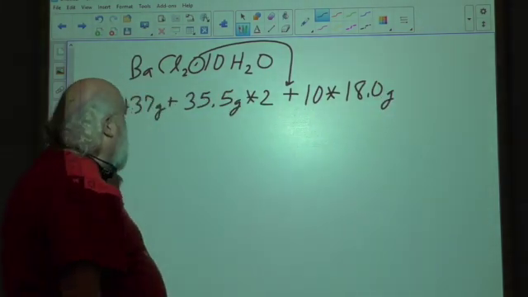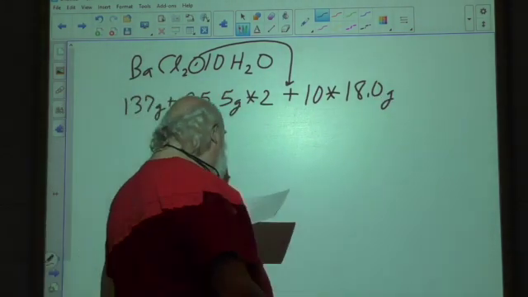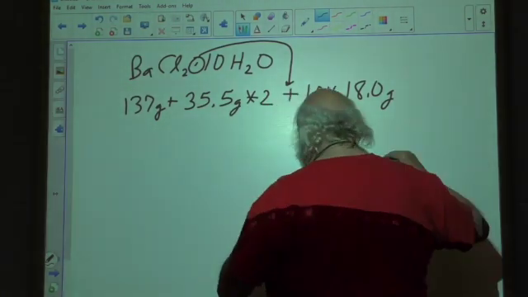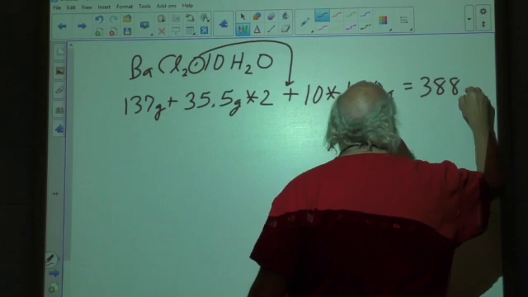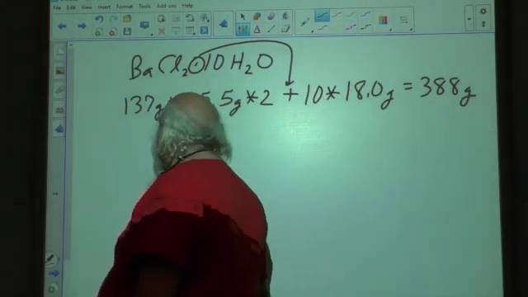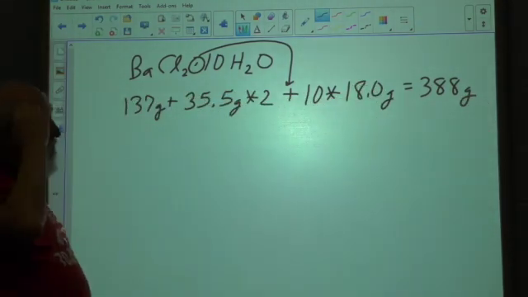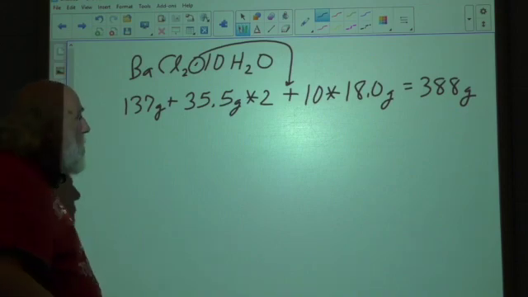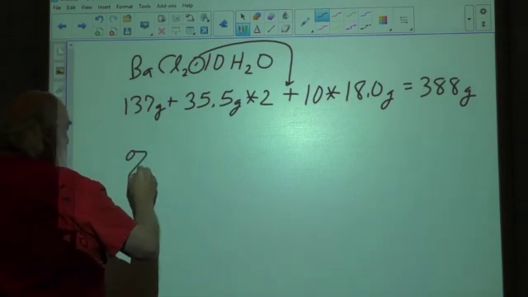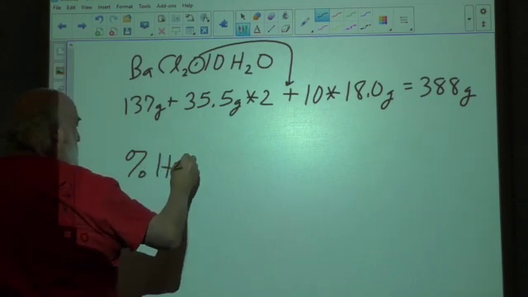When we calculate all this together, we get an answer of 388 grams. Then we're going to be asked to find what percentage of the crystal is trapped water. So we're going to look for the percentage of water based upon this.